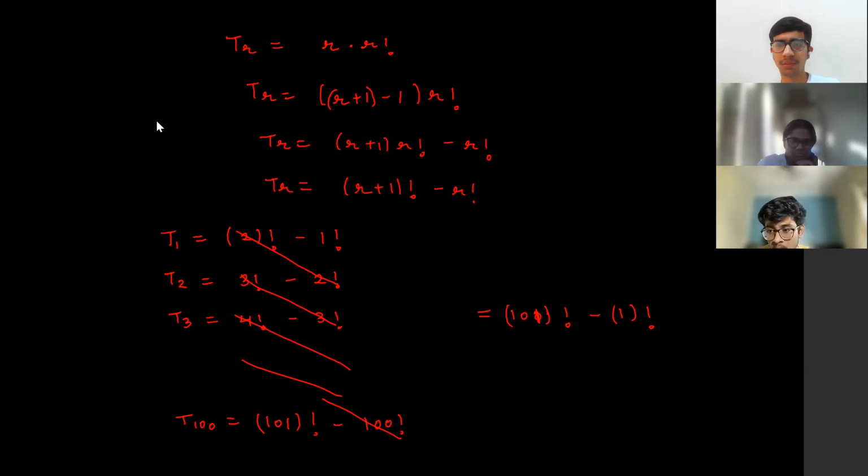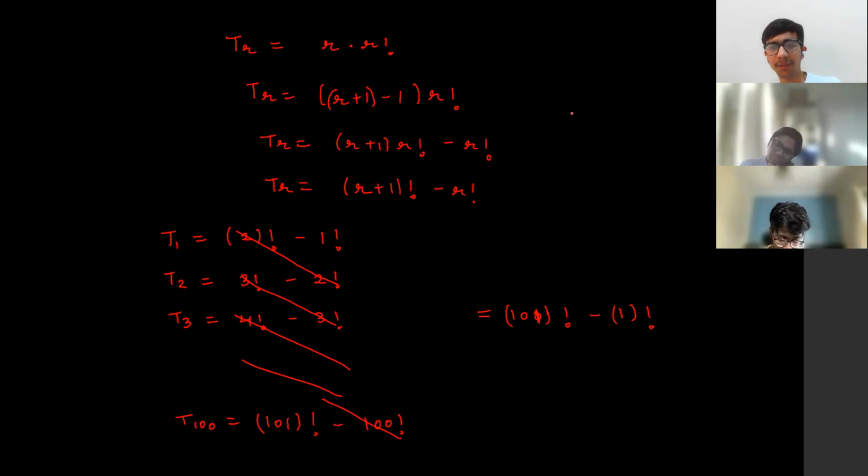Yes. What did you do for R plus 1 into R factorial minus R factorial? Where did that factorial go? The second last step, the R plus 1 into R factorial. In the next step, you removed it. R plus 1 times R factorial is R plus 1 factorial, no?